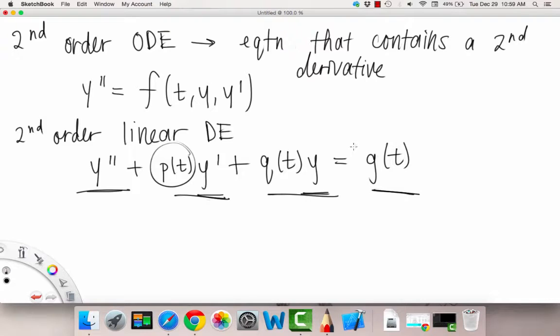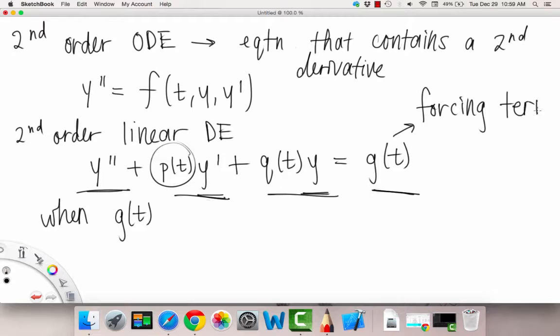Something special is that we could have two cases actually. Our g of t here is called the forcing term, okay? We'll cover later why it's called that, with reference to harmonic motion, which we'll learn in a couple sections, okay?